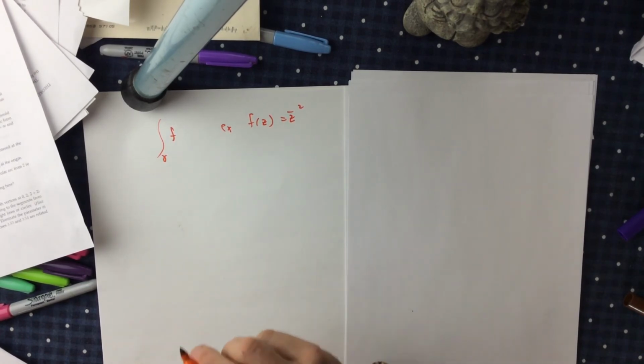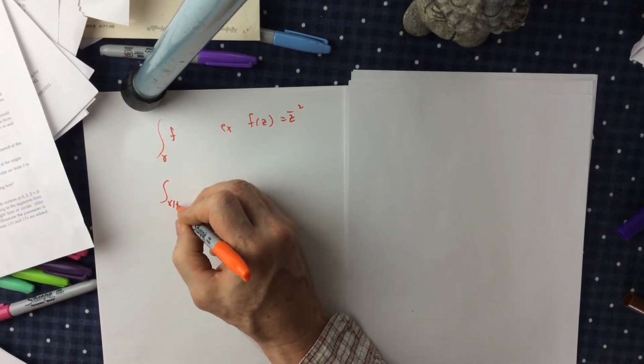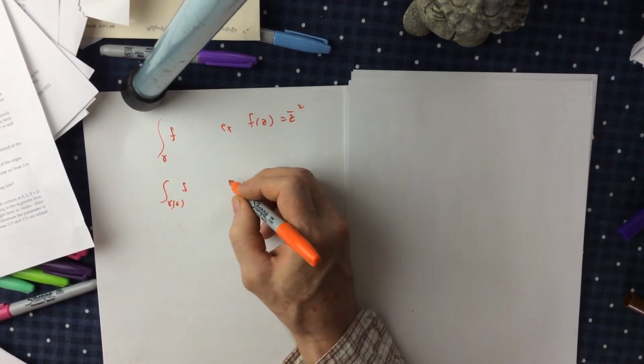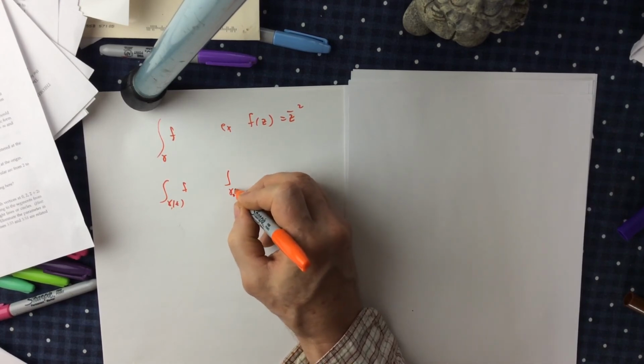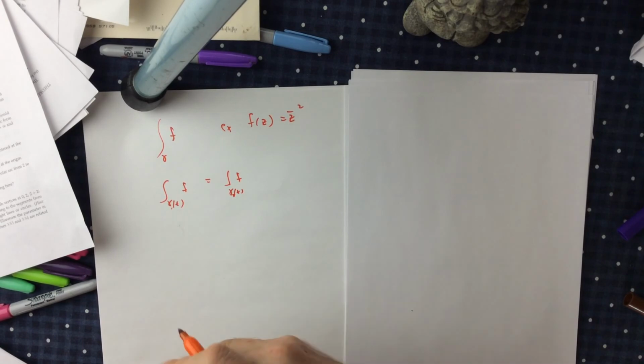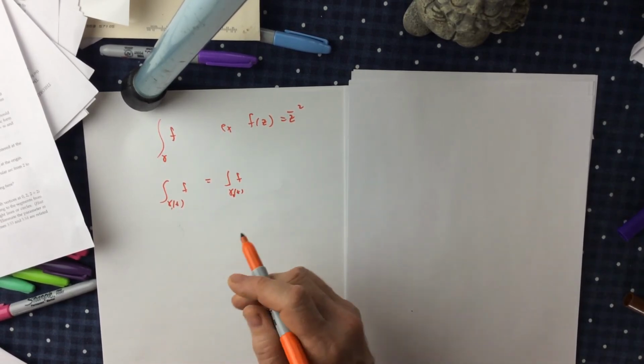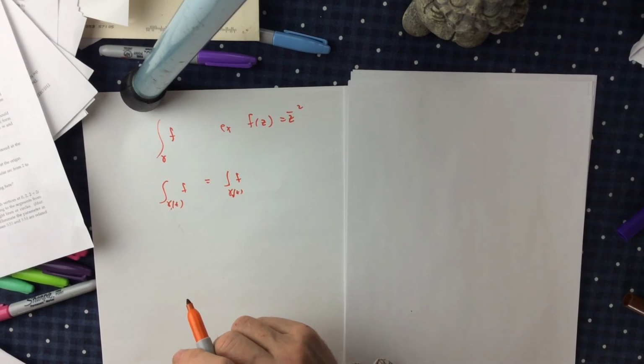But there was a theorem that said if we had the same path with a second parametrization, we would get the same answer. So the parametrization of your path doesn't really matter. It just has to step along the right path.